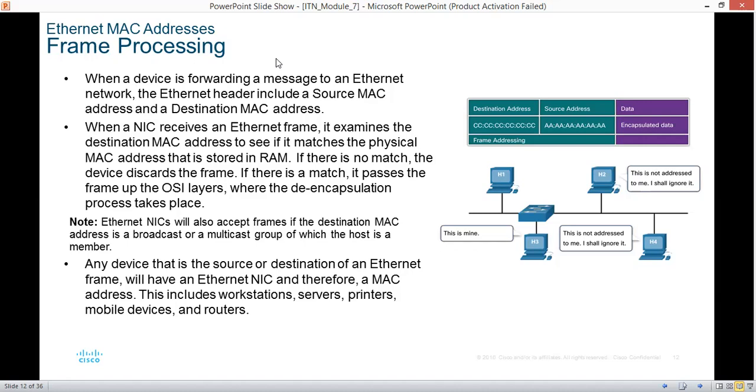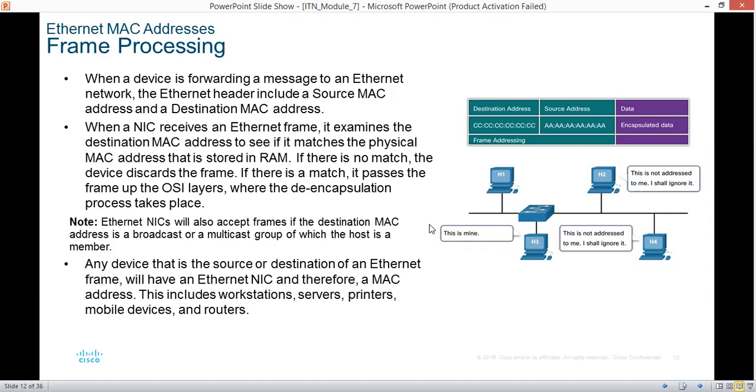That's the reason why there must be some sort of regulation, or else people will be using the same number. Under the Ethernet MAC address, we're looking at frame processing. When a device is forwarding a message to an Ethernet network, the Ethernet header includes a source MAC address and a destination MAC address. So when any device is forwarding a message, it must have the source address and the destination address of the MAC address it is sending that message to.